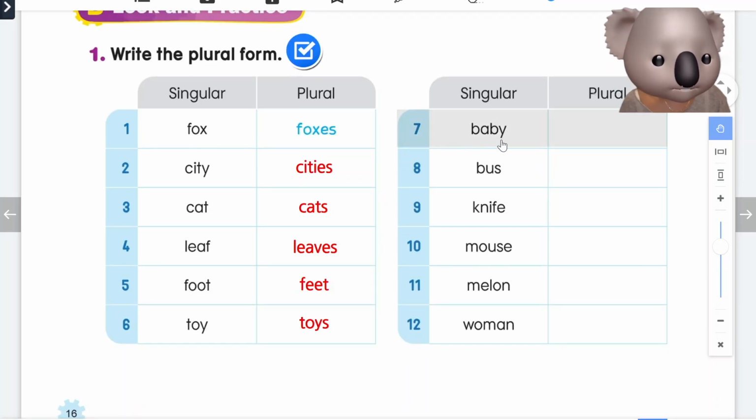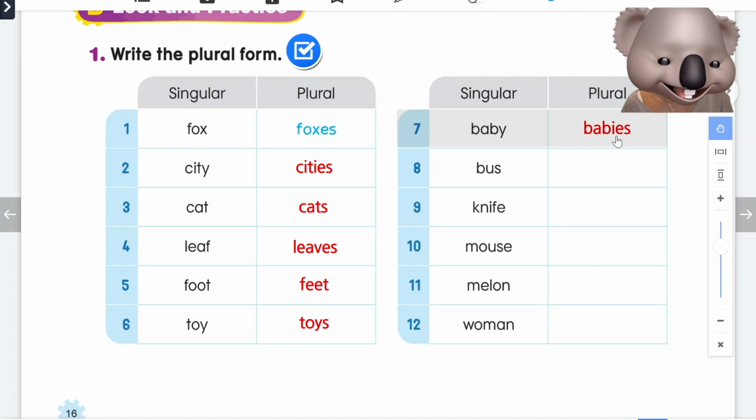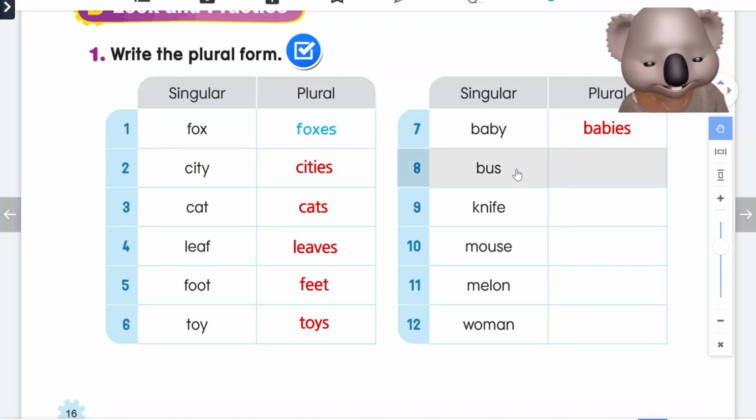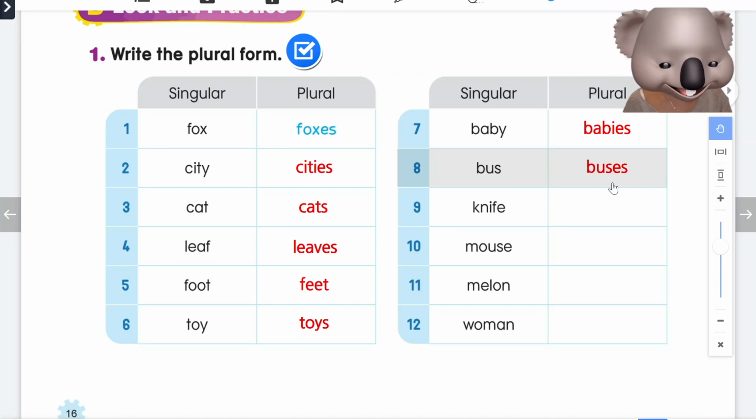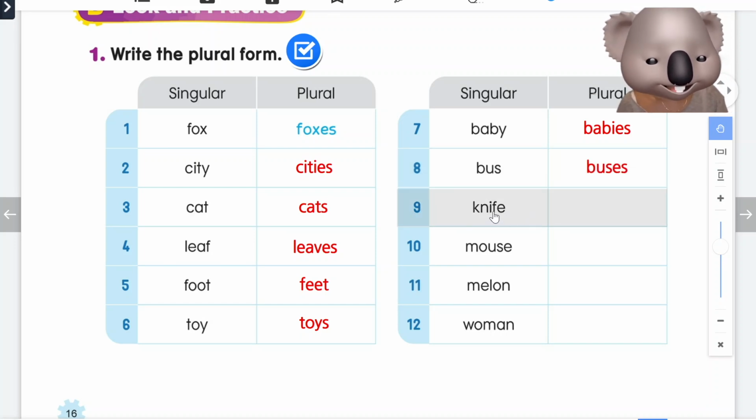Number 7, baby. It ends in Y and B is a consonant. So we need to change the Y to IES. Next is a bus. Words that end in S take ES, so BUSES. Number 9, knife. It ends in FE.